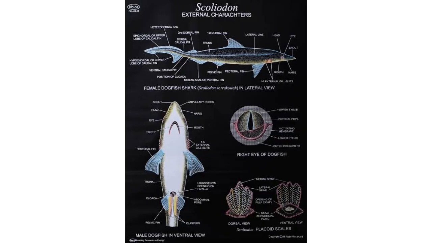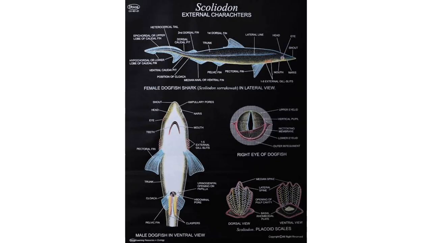This also shows the external characters of the Scoliodon, which we'll be explaining very soon. You will see that their body is streamlined. They have their mouth on the ventral side. They have the gill slits. They have their eye.